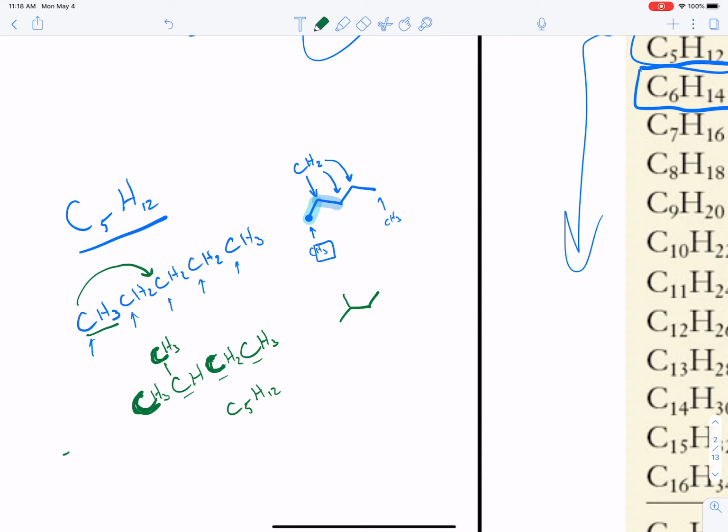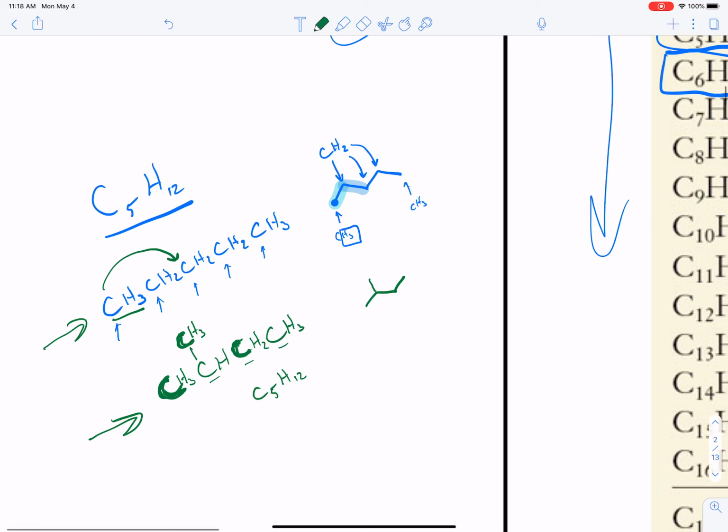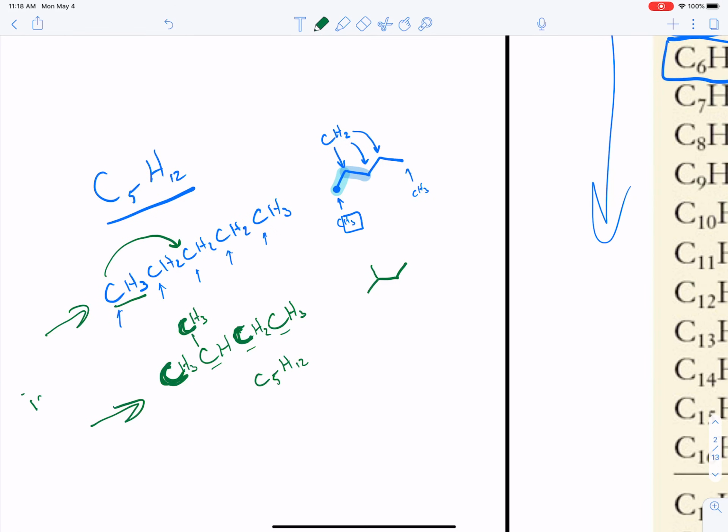Is this structure right here different than that one? And the answer is yes. These structures are called isomers. So to label something with its molecular formula here of C5H12 doesn't tell you which isomer you have.